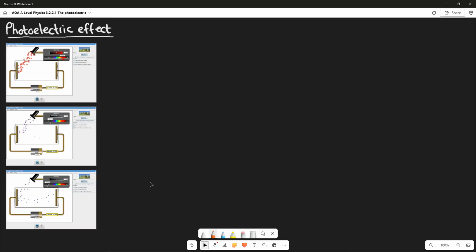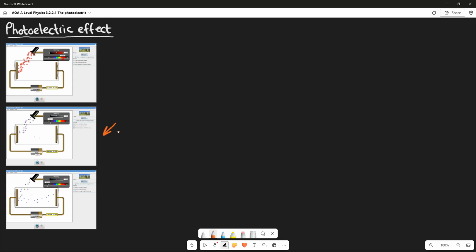We're now going to define some of these terms. We've got 3 screenshots here, and each one shows different types of results that we get with the photoelectric effect experiment. We have light arriving at the metal plate and no photoelectrons being emitted.